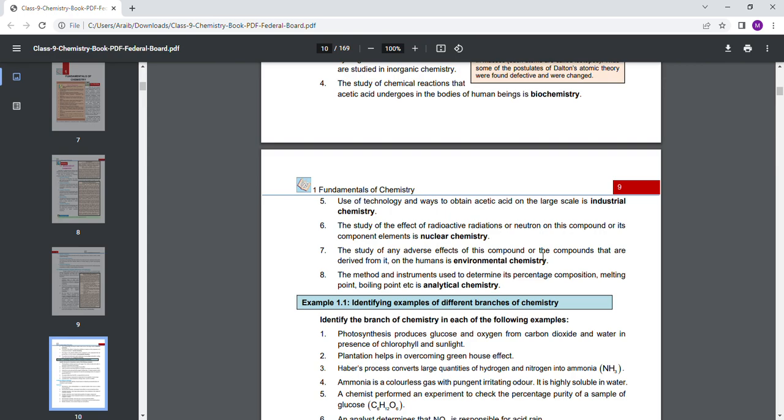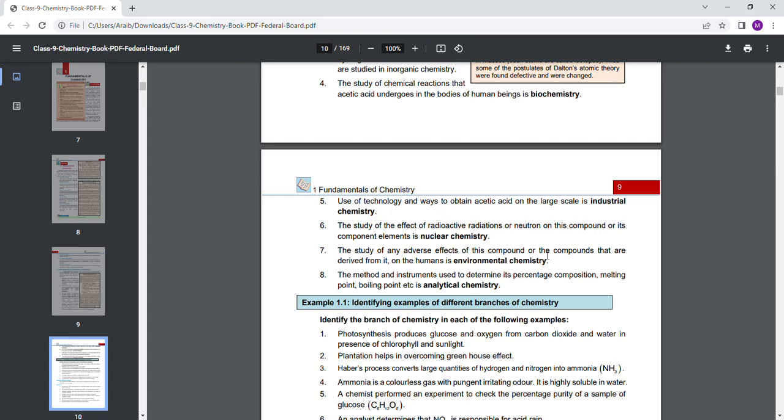The study of any adverse effect of this compound or the compounds that are derived from it on humans is called environmental chemistry. The methods and instruments used to determine its percentage composition, melting point, boiling point, etc.